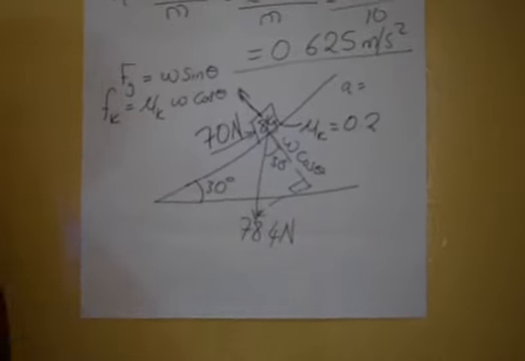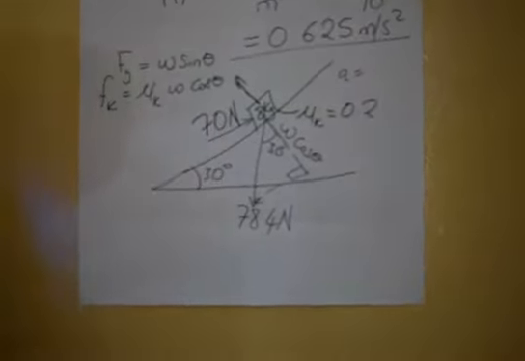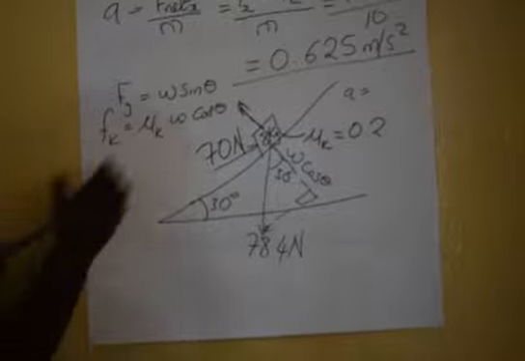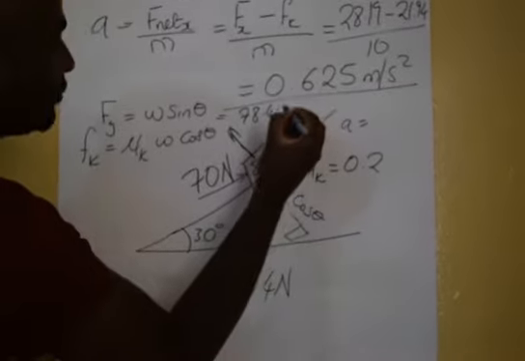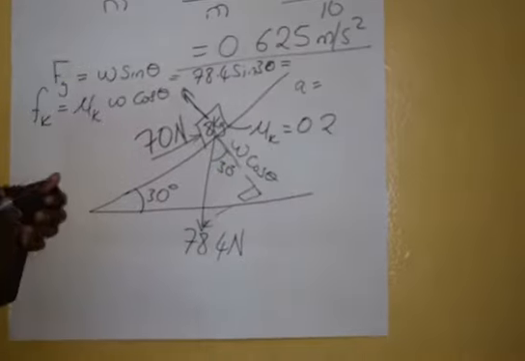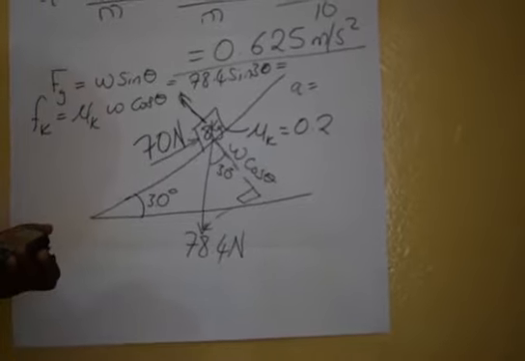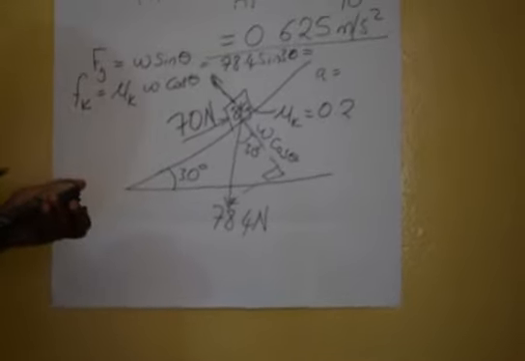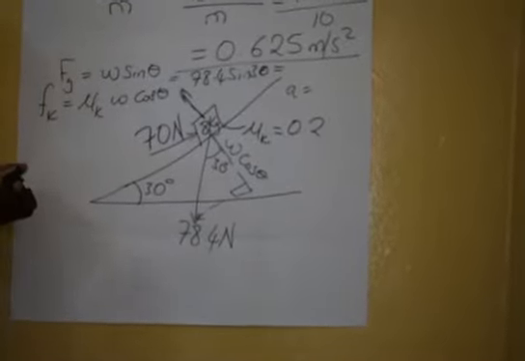But then now we're talking about the acceleration because I'm sure we already know that the 70 can produce an acceleration. So how do you get that acceleration? So what is W sine theta? You say what is 78.4 sine 30, which is actually just half of that. So 78.4 sine 30 is 39.2.